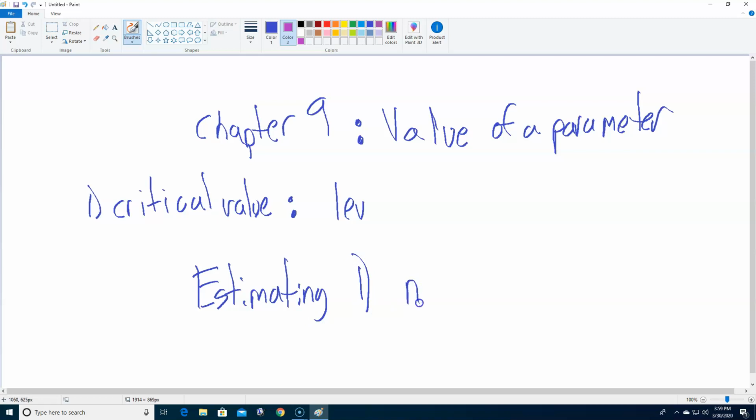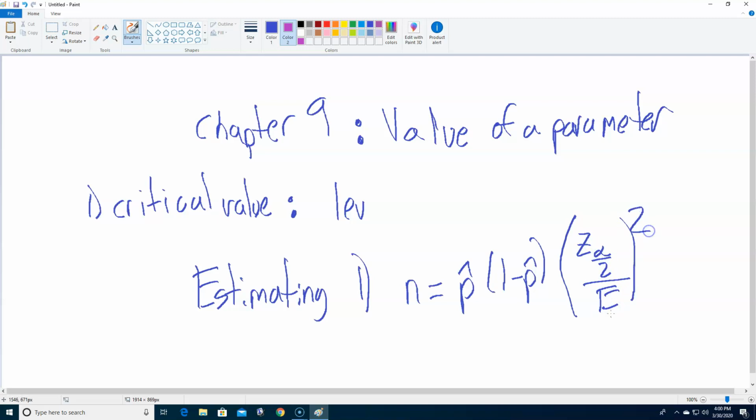If we're estimating, n will be equal to p hat times 1 minus p hat times this critical value divided by e, squared. Again, e is your margin of error, z alpha divided by 2 is your critical value, and we're going to find the z-score for that. P hat is a special proportion that they give you.